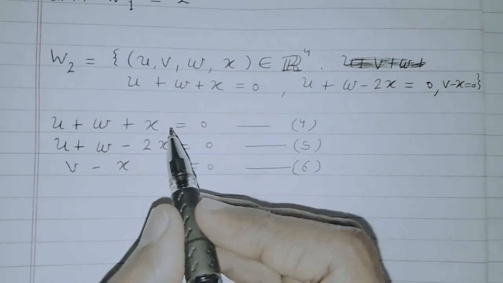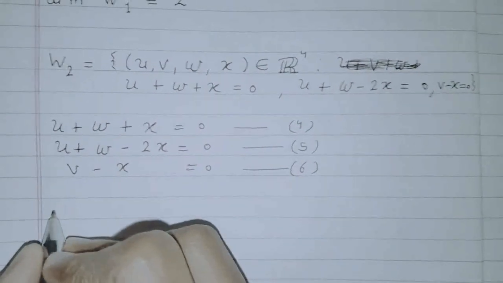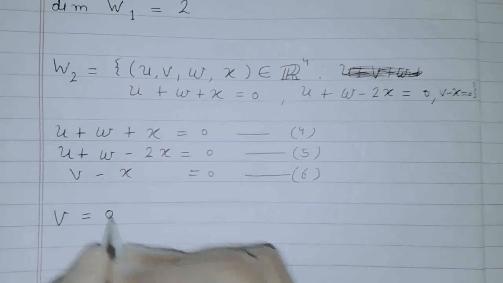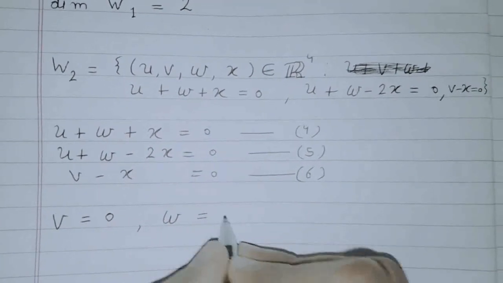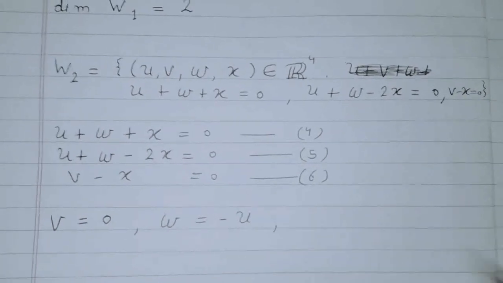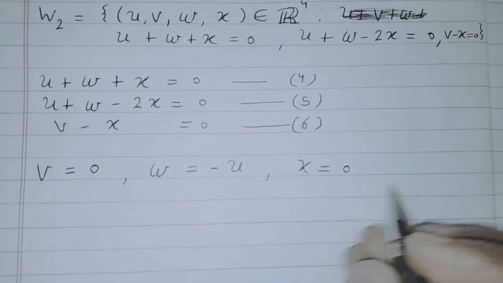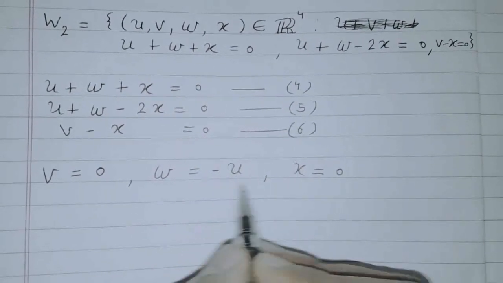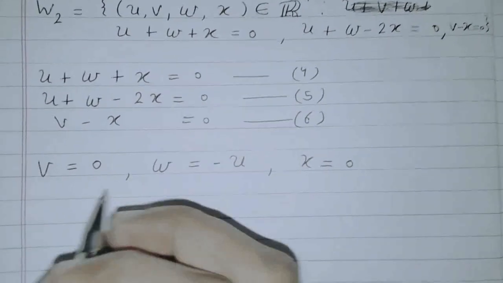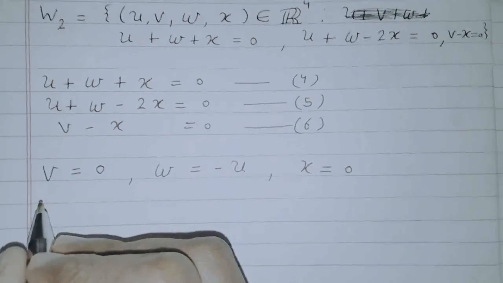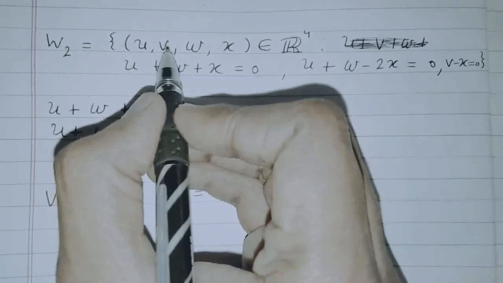On solving these three equations, we can easily find that, and we can take u as the linearly independent coordinate. So we can write any element in this vector space W2 in the following form.